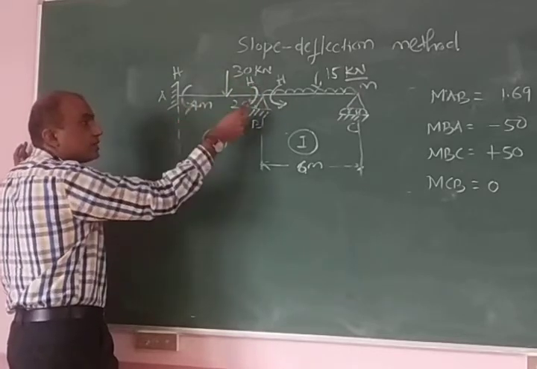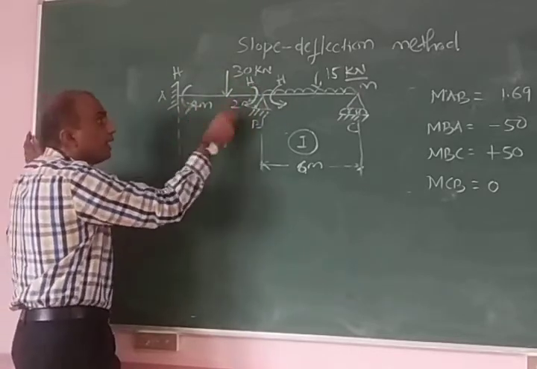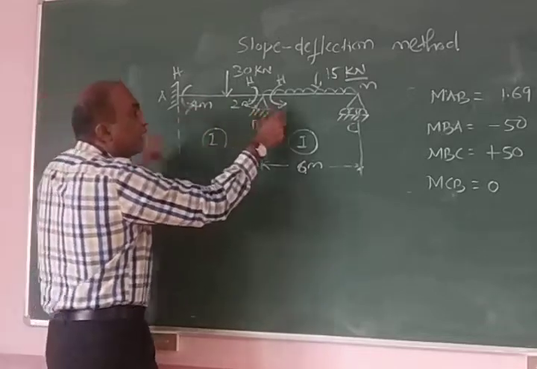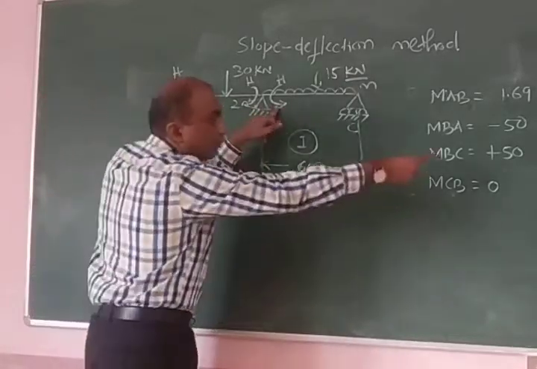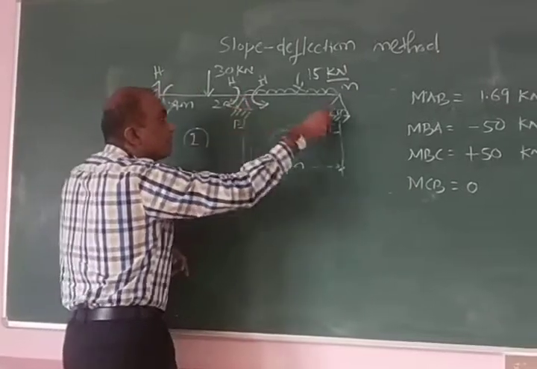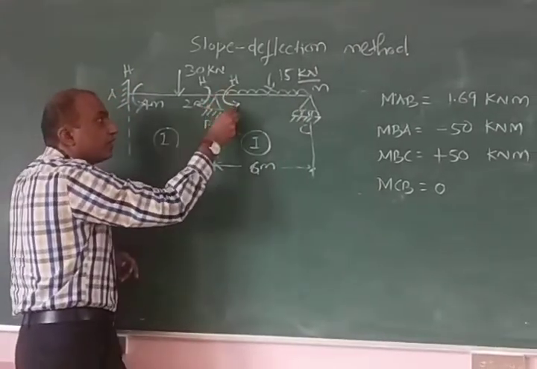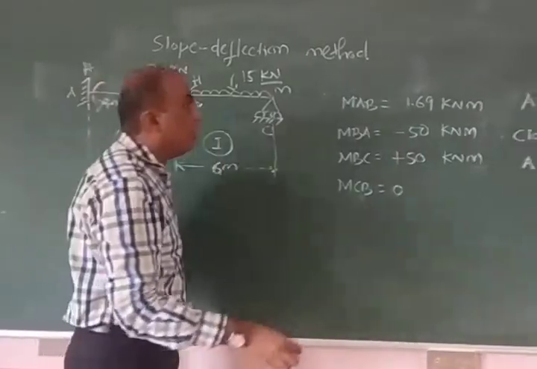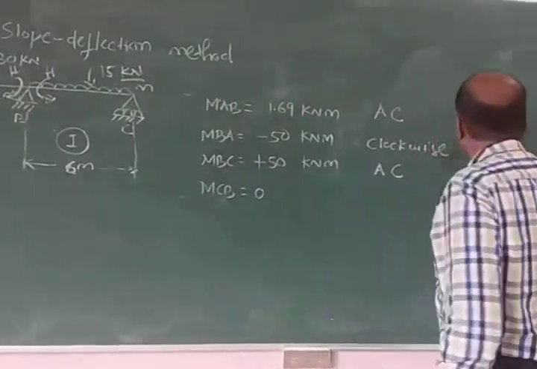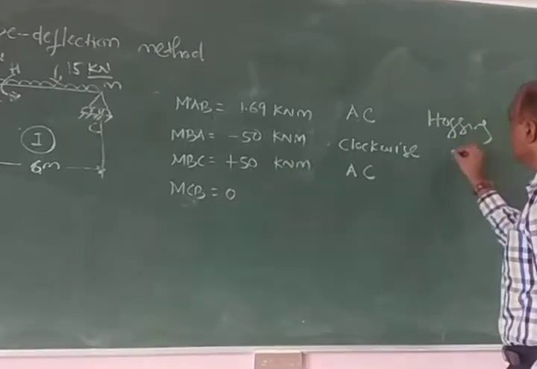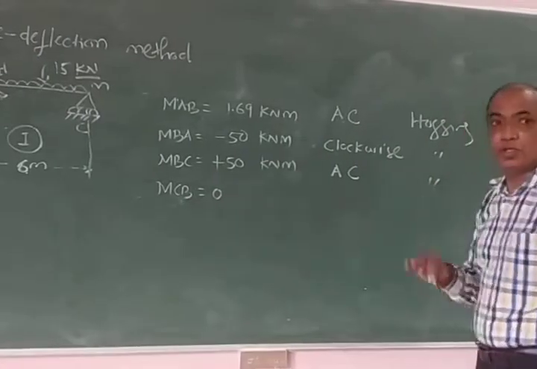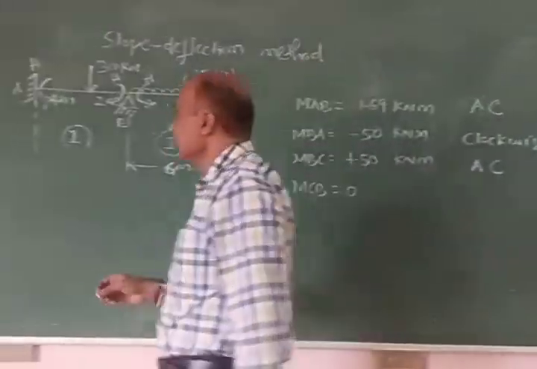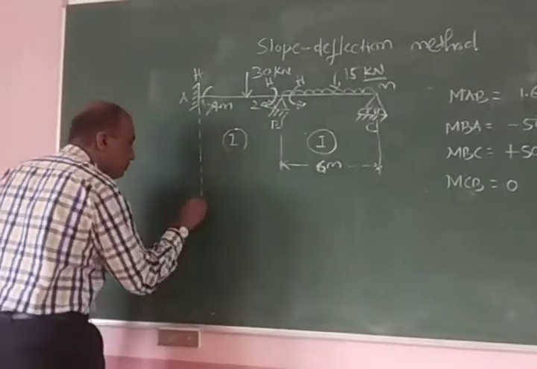This is anti-clockwise, this is clockwise, but both are hogging in nature. Now MBC is anti-clockwise, on the left side of BC, so again hogging. That means all the three moments are hogging in nature.